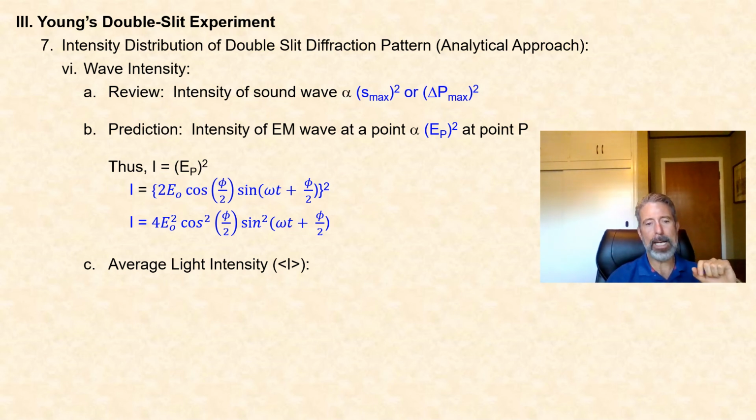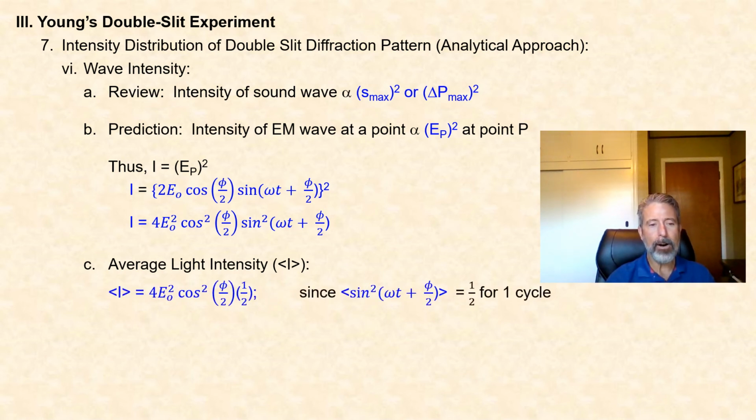So we now want to talk about the average light intensity. And this is just a mathematical problem here. If we look at light intensity averaged over time, and we look at this expression that we derived, well, 4 E naught squared is a constant, that doesn't change, cos squared phi over 2. Notice here that the sine function does change in time. This shows the change of the electric field vectors and magnetic field vectors, although we're not talking about those here, how they change in time.